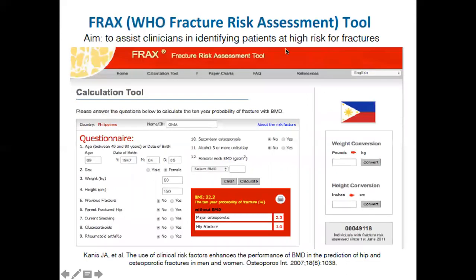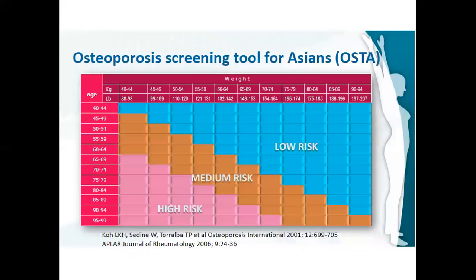I'll just show you. You just go to the FRAX website, and this is usually a country-specific fracture risk assessment tool. You just enter everything here, and it will give you the 10-year probability of fracture for a person. Another tool, if you don't have the BMD score of the patient, is the OSTA. You just plug this in. You may be living in a place where you don't have a DEXA machine.